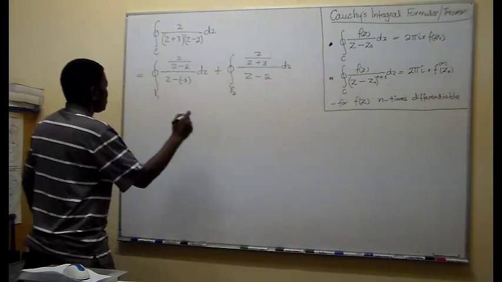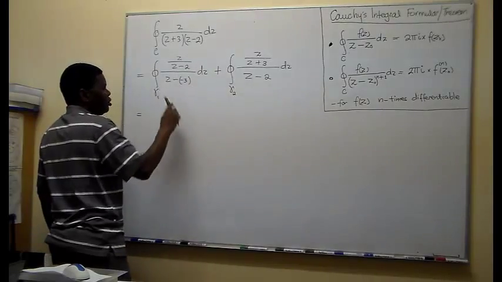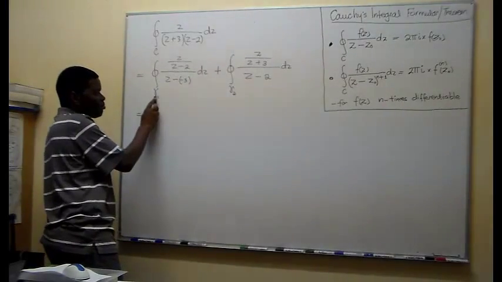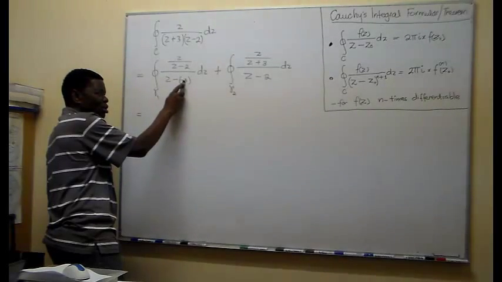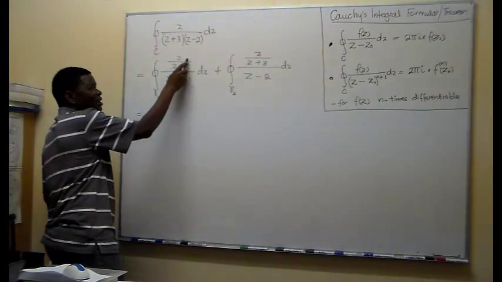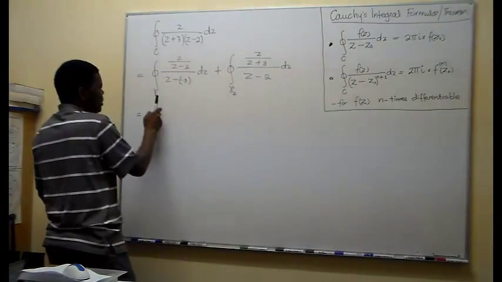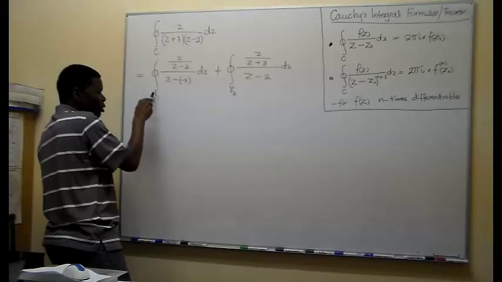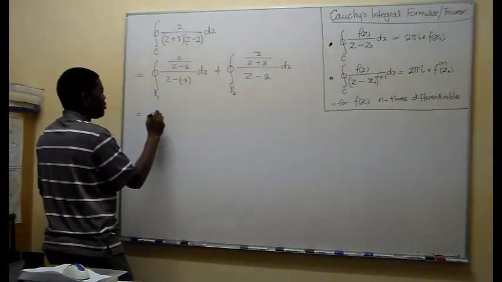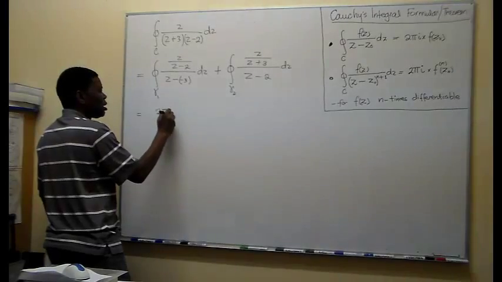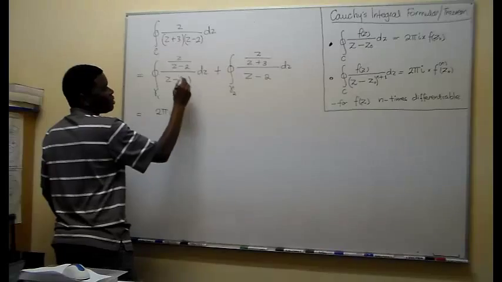In this case, taking note of the fact that this closed curve contains only a single pole, minus 3, this expression here, which plays the role of f(z), should be analytic in and on this curve. So applying the formula here, we're going to have 2πi multiplied by f(z).